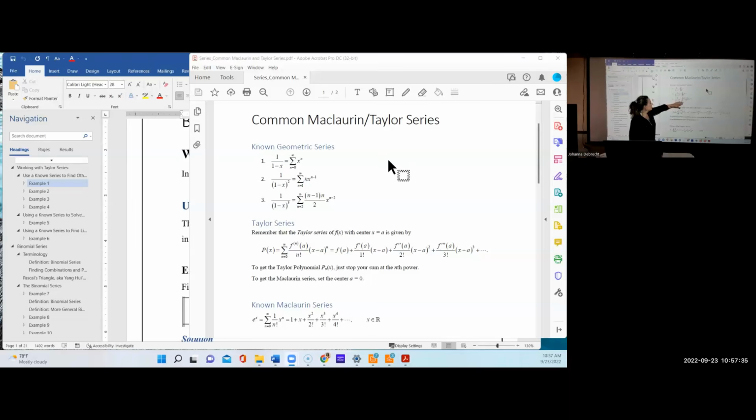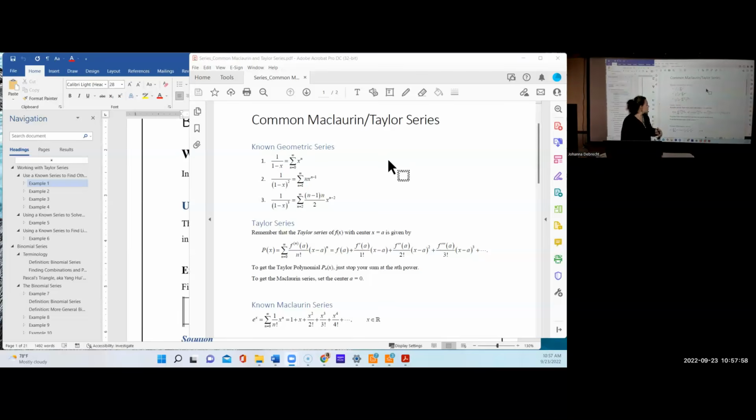These second two are actually based on the binomial series expansion later on, but I listed them here because they are types of geometric series. And so they have formulas. 1 over 1 minus x to the second power can be written as the series from 1 to infinity of n times x to the n minus 1.